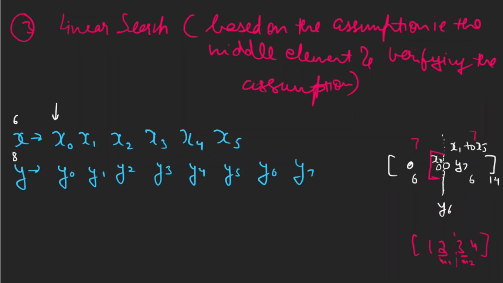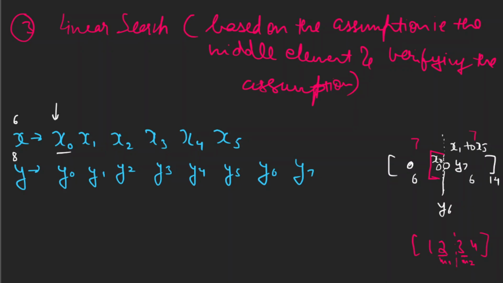And there are some elements from y that are going to be in the second half as well. A very easy way to calculate this: if one element is fixed out of the seven elements, how many remaining elements do we have to take from y?